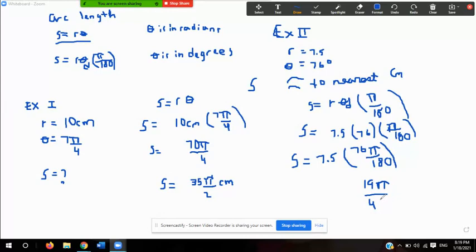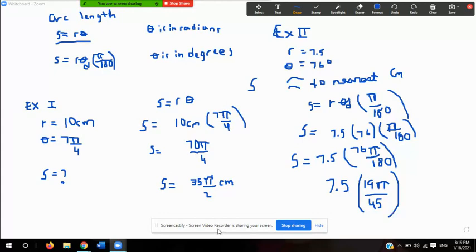So now what we do is we multiply 7.5 times 19 times pi over 45. So in our calculators, we can say 19 times pi, divided by 45, and multiply that number by 7.5, and that would give us 9.948.